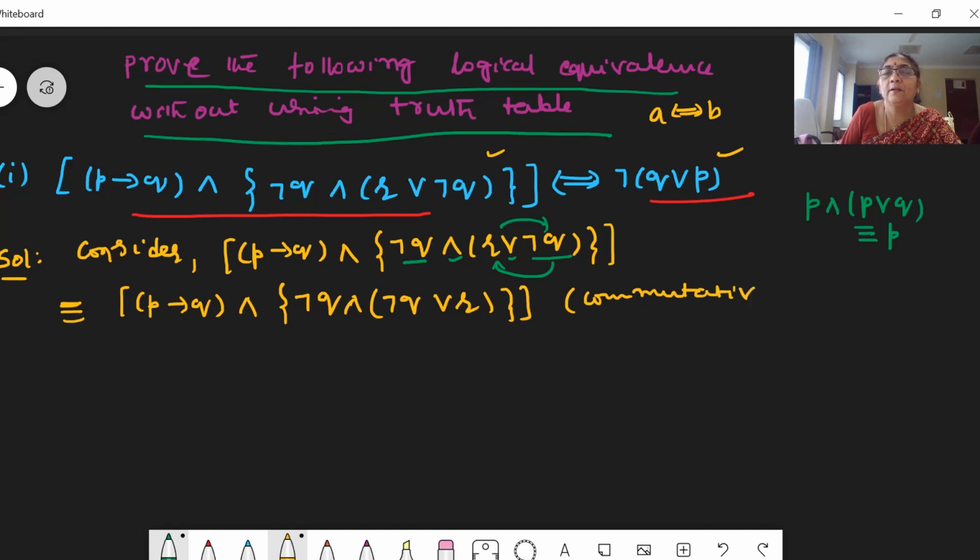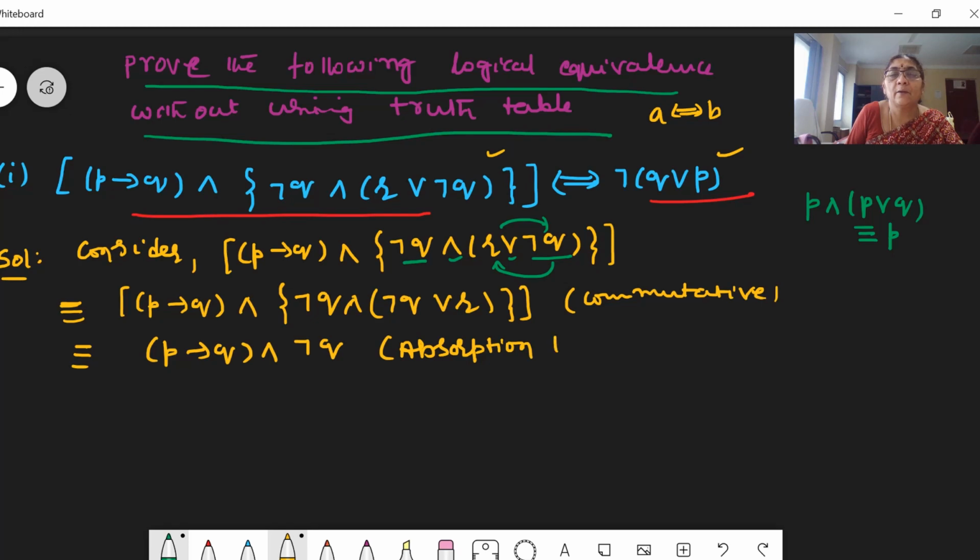After that, we are going to use the absorption law. From the absorption law, (P → Q) ∧ ¬Q, with the R absorbed. That is the absorption law.